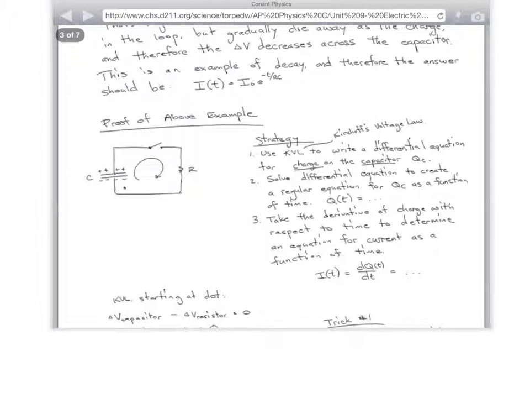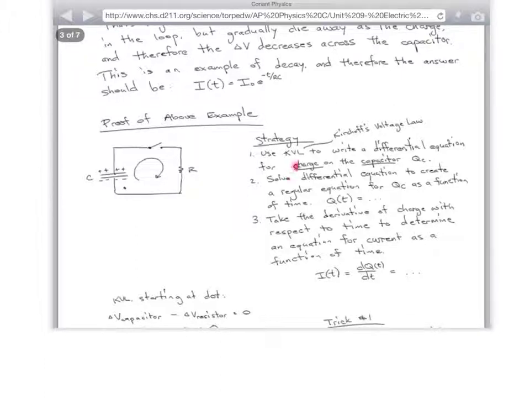It's going to be our go-to solution technique for determining a differential equation and coming up with an answer. All right? Just like F equals ma was for Newton's laws, Kirchhoff's voltage law is the circuit's version of F equals ma. Sound good? We're going to use it a lot. So we're going to do loops. So here we go. Kirchhoff's voltage law.